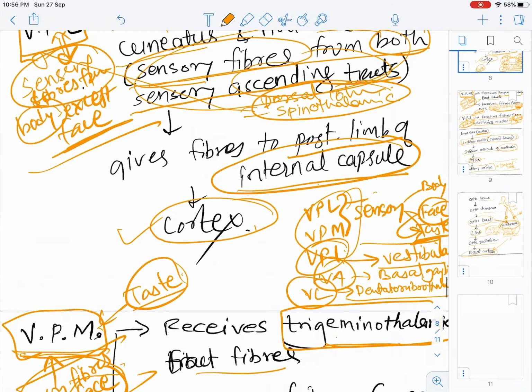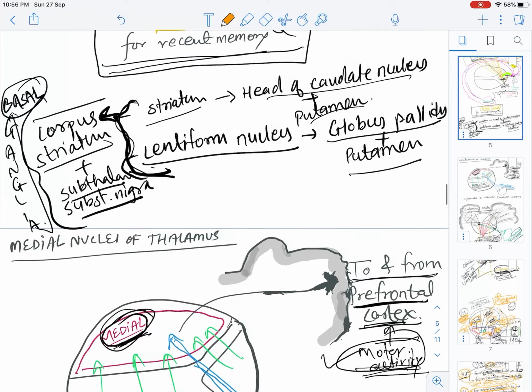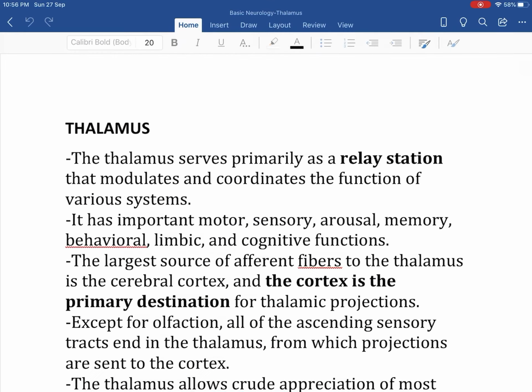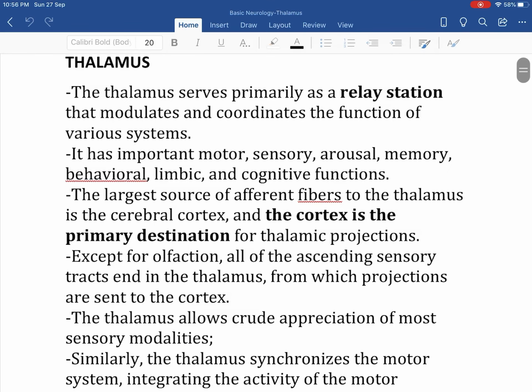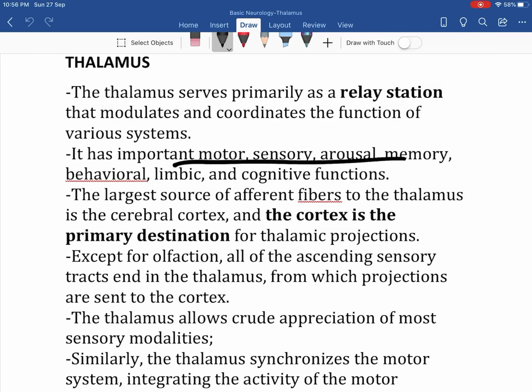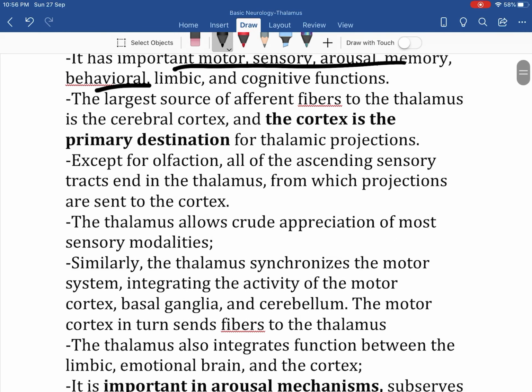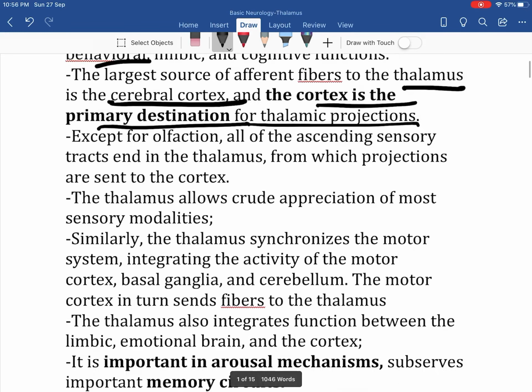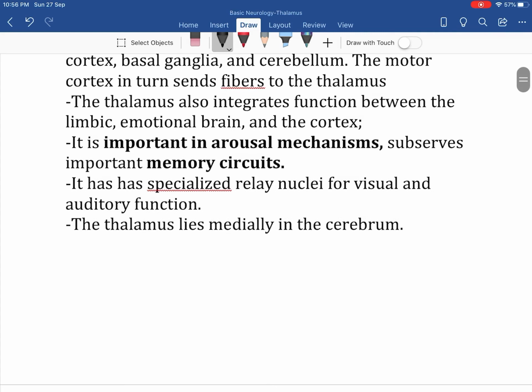We have covered the thalamus, we know the nuclei, we know the functions, we know the proper position. Now we will just revise each and everything. So we know it is a relay station, then sensory motor behavioral function we all know. Then largest source of afferent fiber to the thalamus is cerebral cortex, and the cortex is the primary destination of thalamic projections.